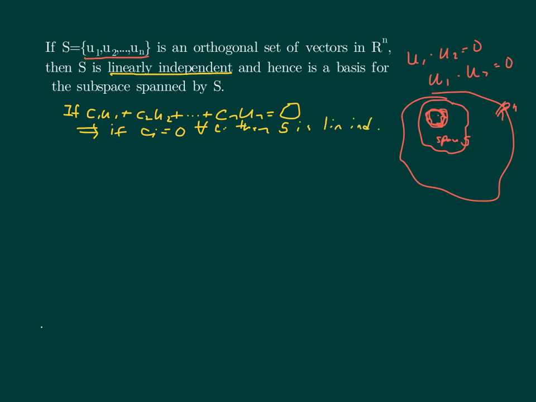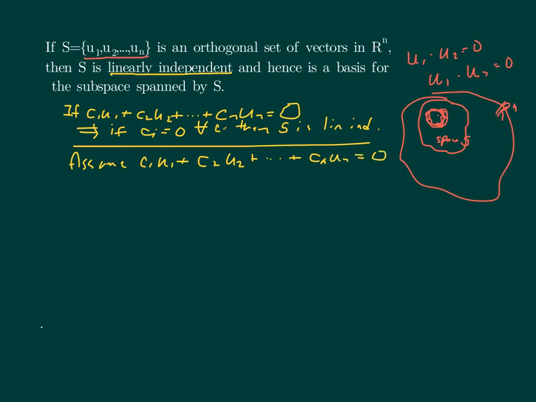So that's what we're going to do. All right, so our first step is going to be to assume that c sub 1 u sub 1 plus c sub 2 u sub 2 plus c sub n u sub n is equal to 0.